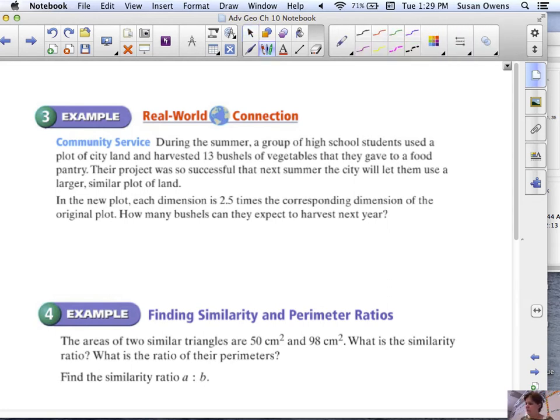So if we take our original and we increase each of the dimensions by 2.5, then what's going to happen is the new area is 2.5 squared times as much as the original. So if we do 2.5 squared, it's going to be 6.25 times.